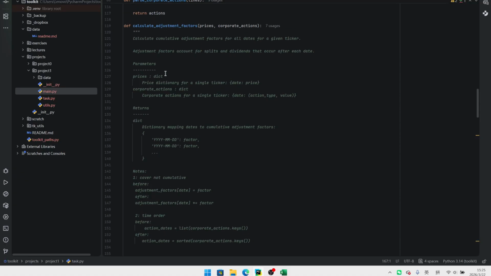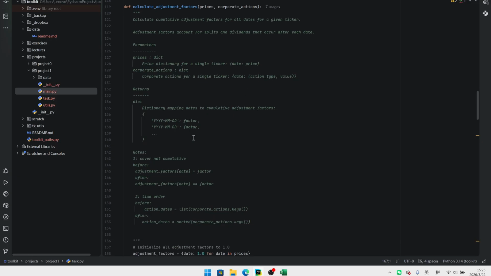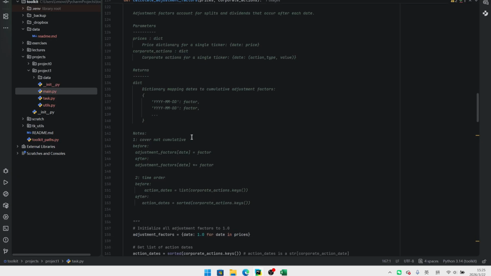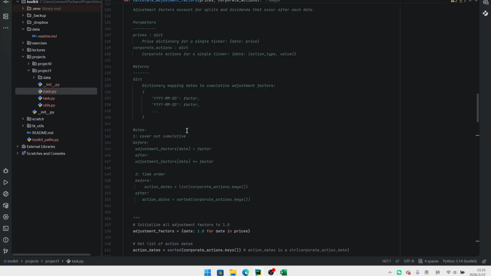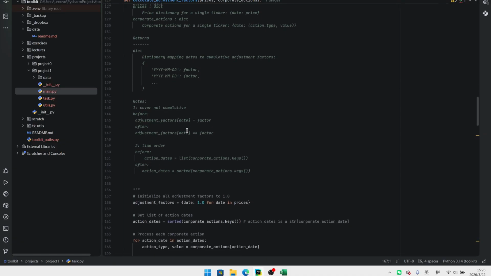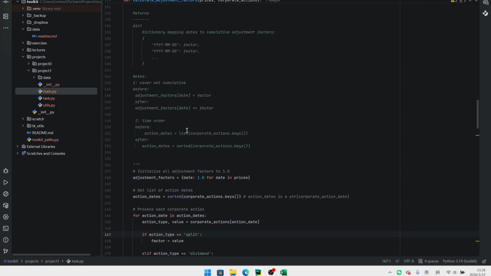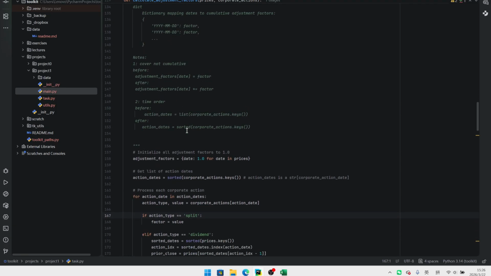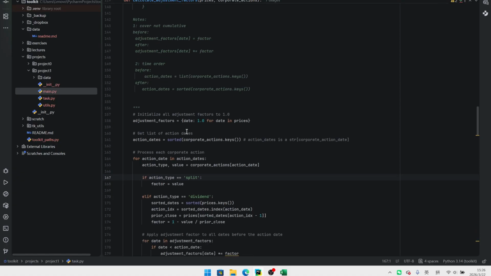So there's the payment about the prices, the dictionary prices, and the corporate actions: date, action types. The return will be in a dictionary. Yes, dictionary means the cumulative adjustment. So the adjustment factor is date 1.2 for dating prices.